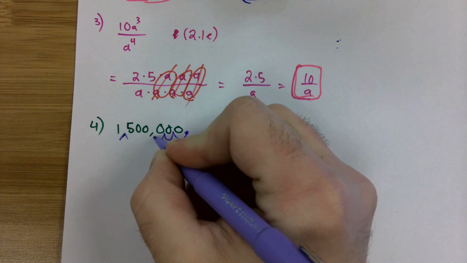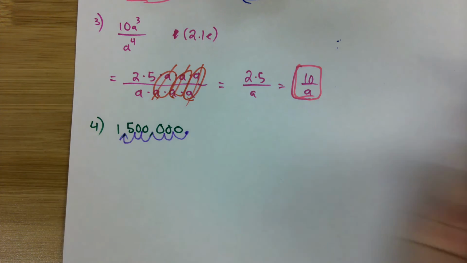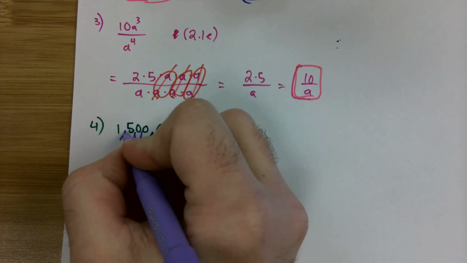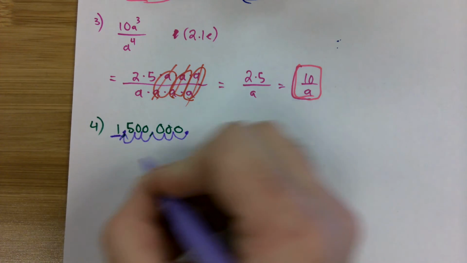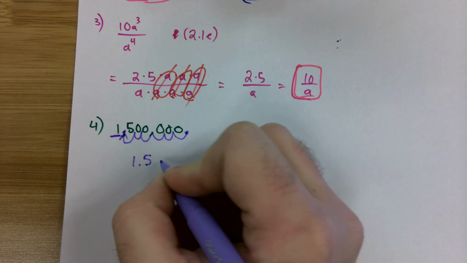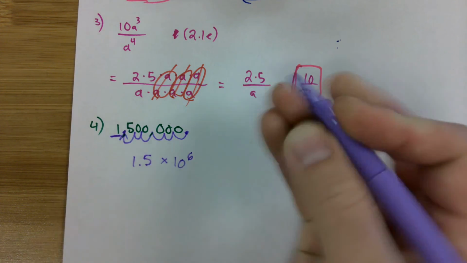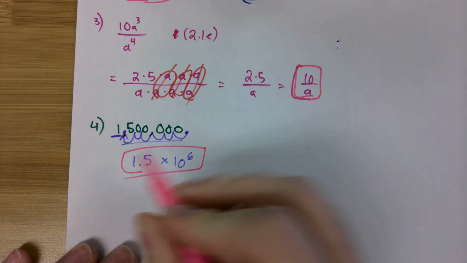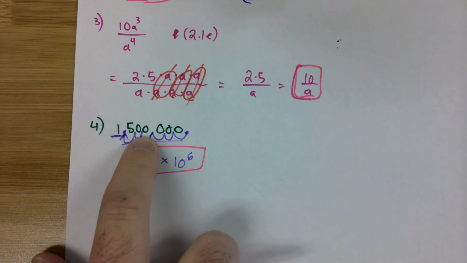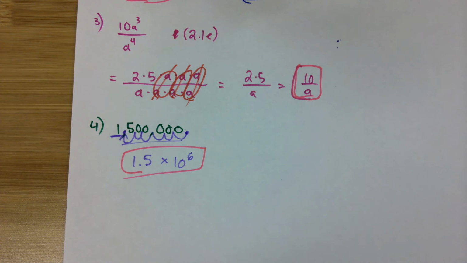That's 1, 2, 3, 4, 5, 6 total spaces. Okay, we want one number to the left of our decimal. So that's 1.5 times 10 to the 6th, because we have 6 spaces there. Positive exponent, because 1.5 million is a really big number, right?